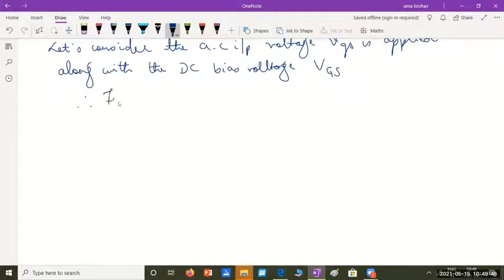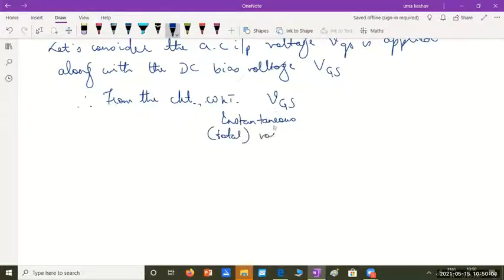Therefore, from the circuit, we know that the instantaneous or total value of vGS is equal to DC plus AC.